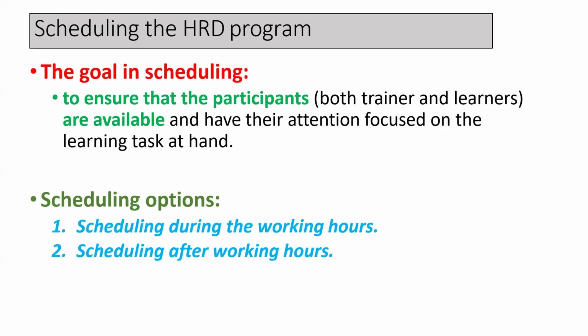So we need to carefully consider that factor, because suppose, for example, we schedule the program on a poya day or at weekends. Suppose the training is targeted only at female employees in our company, and we schedule the program at the weekends.